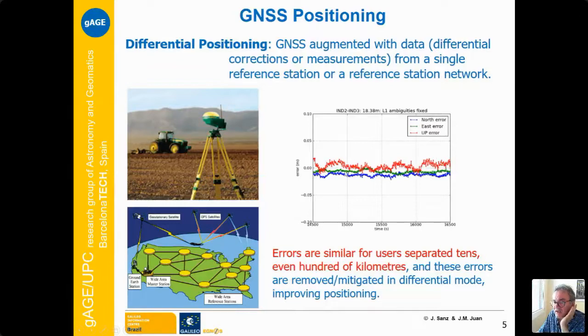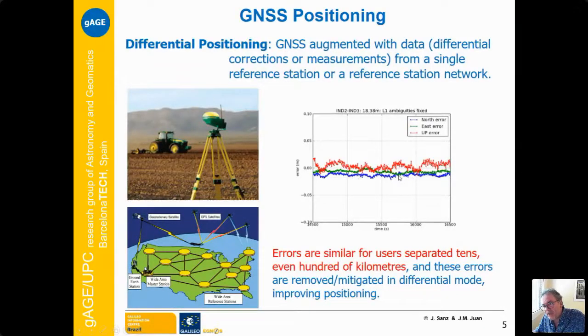As you can see, the accuracy in the horizontal domain, north and east, is at the level of 1 centimeter, 1 sigma. And in the vertical component, typically the accuracy is about 3 centimeters, 1 sigma, which is a very, very good result in kinematic positioning.